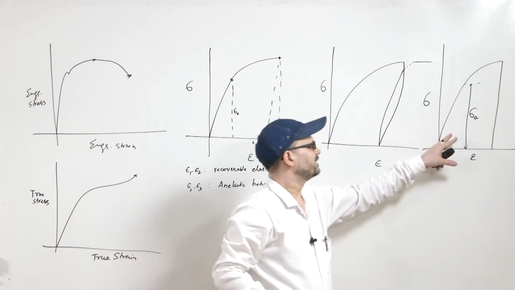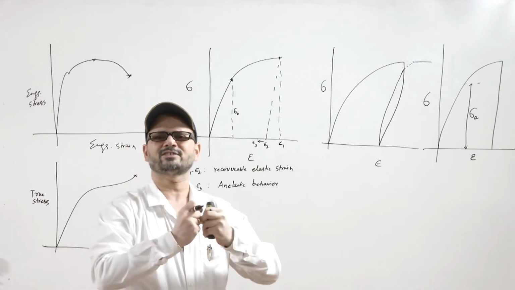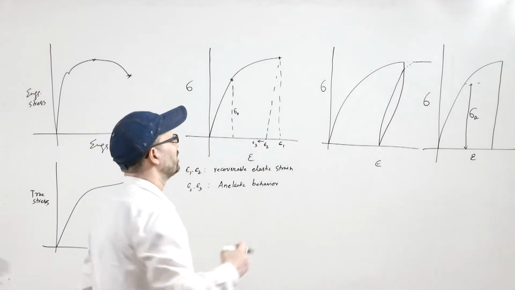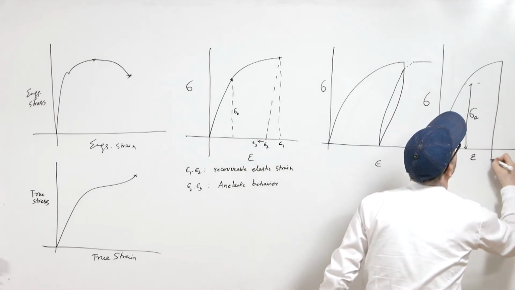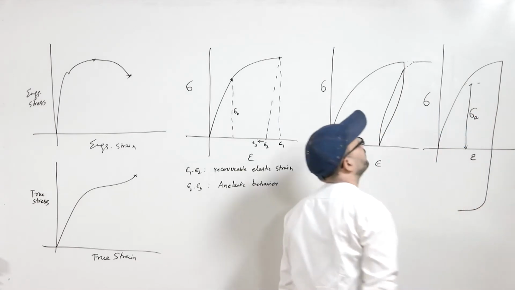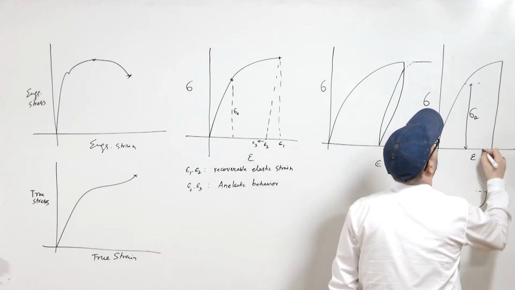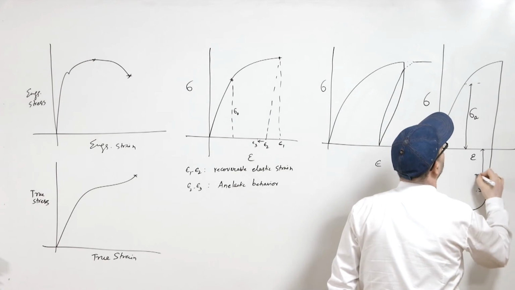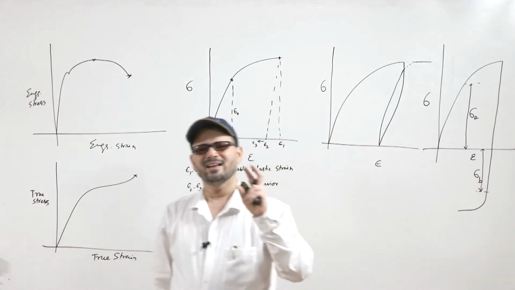So you have done the analysis in tension, your axis is stressed in one particular direction, you have unloaded, and then further you are reloading. In the case of reloading, suppose here this is sigma B. This is the yield strength in compression.